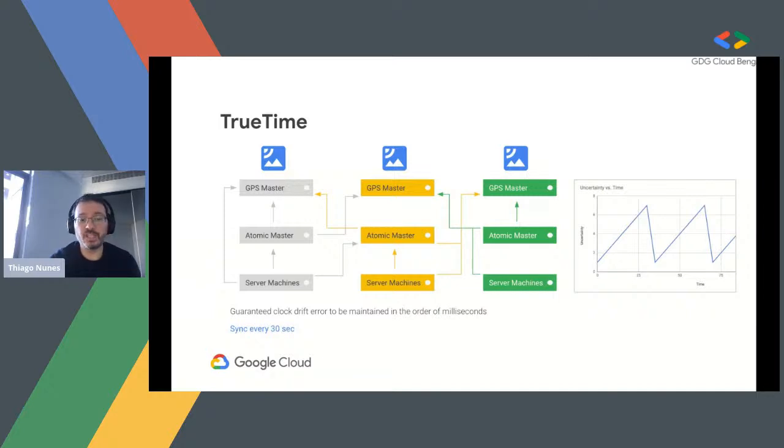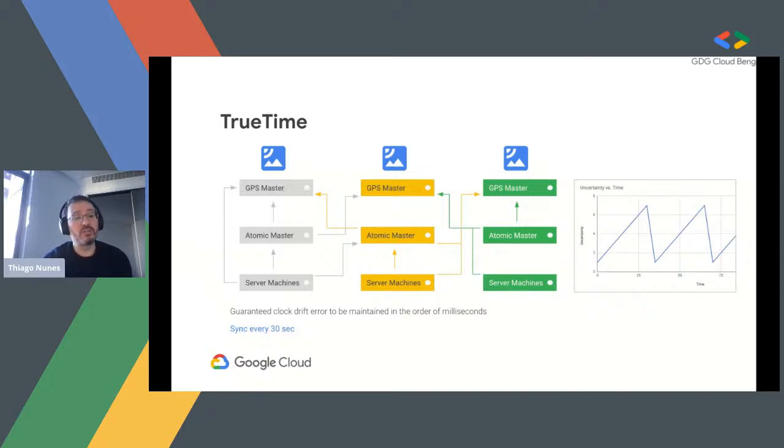And the other thing that is very important about TrueTime is that it guarantees that the clock drift error is maintained within the order of milliseconds. And when I'm talking about the order of milliseconds here, I'm talking about 1 or 2 milliseconds, right?